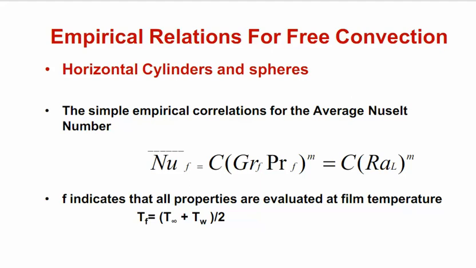Here Gr and Pr together make the Rayleigh number, where Gr stands for the Grashof number. The subscript f indicates that all the properties are evaluated at film temperature, where the film temperature is equal to the surface temperature plus the surrounding fluid temperature, divided by 2.